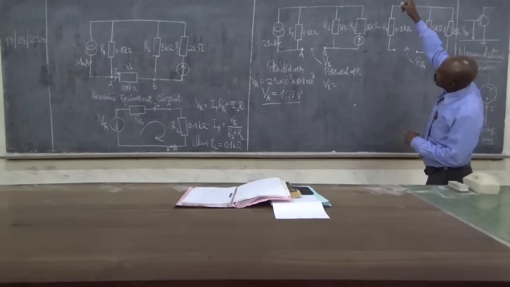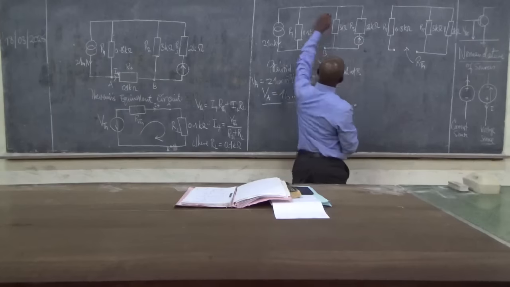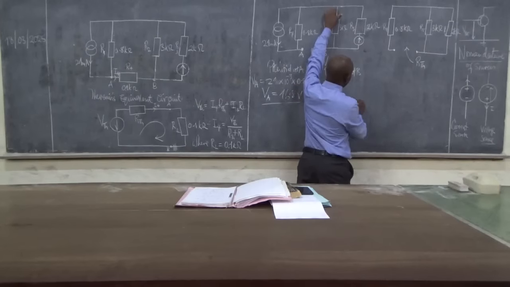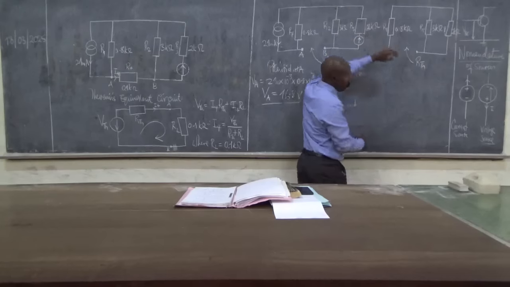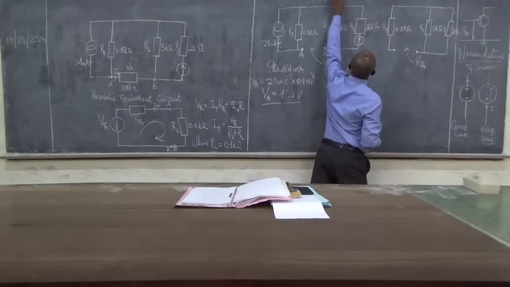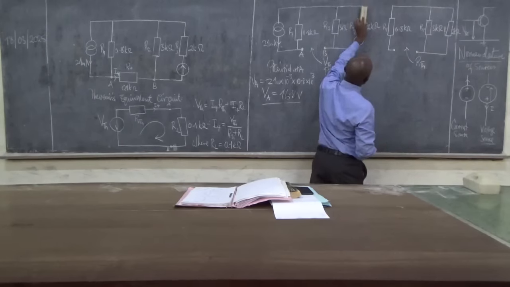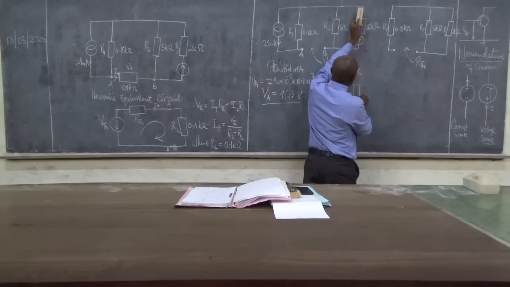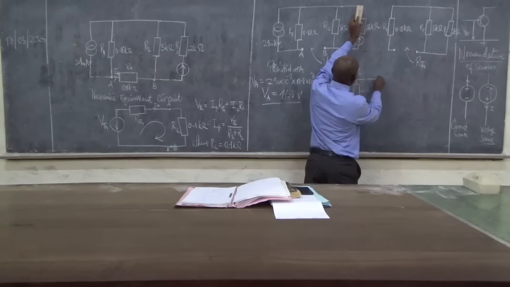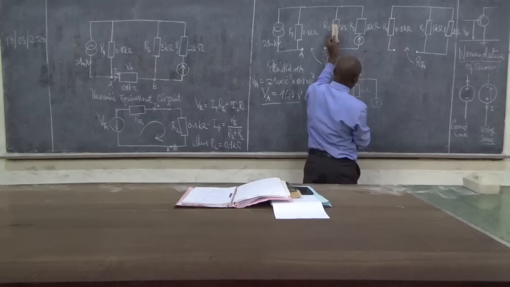I can't draw it there because my board is full. Actually, what we are seeing is this point here, and if I can elongate, I can push this resistor here and put it there. And then the source will be around here. So I have this 2 kilo ohms here. I have the source here. And then I have the 3 kilo ohms here.